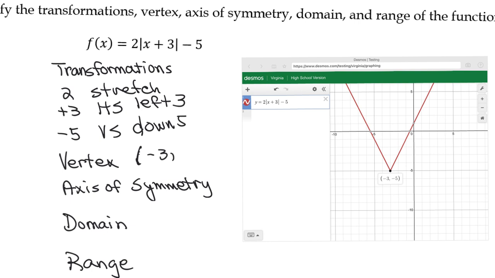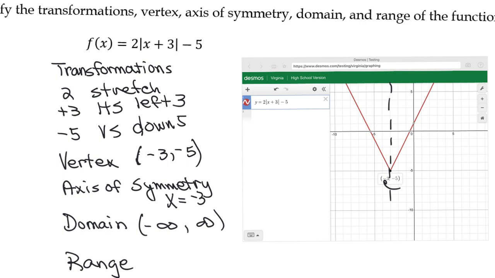-3, -5. The axis of symmetry, we know, is the vertical line that goes through that vertex. And the equation is going to be the x value of the ordered pair. So my axis of symmetry is x equal -3. My domain is always -infinity to infinity.